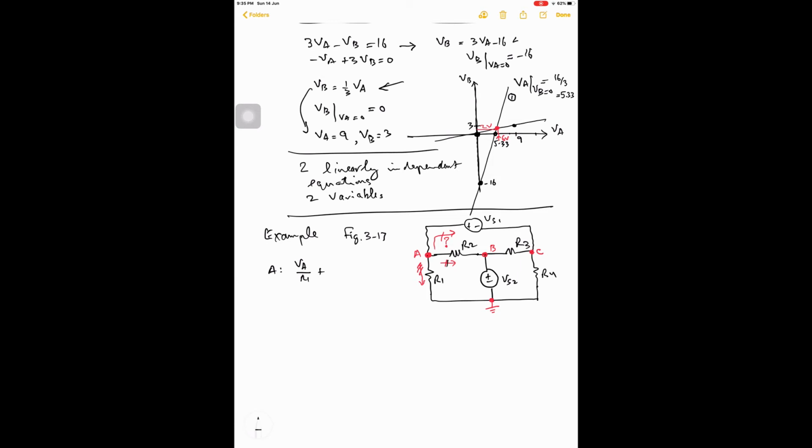In case of a resistance over here, we can find the current quite easily. The second current is VA minus VB divided by R2. What is this current? We don't know what the current is. Therefore, we assume a current over here. We use a letter symbol and let us call it IX.